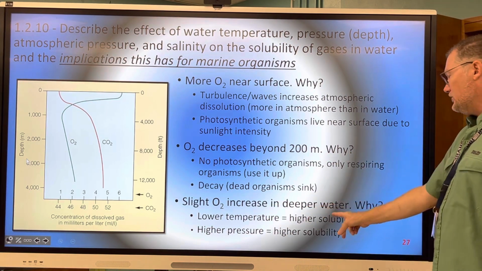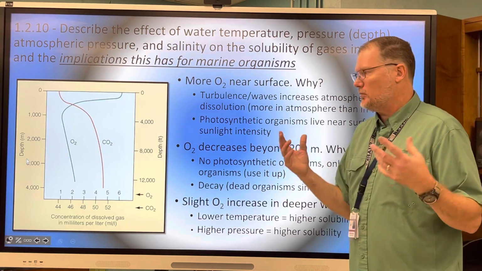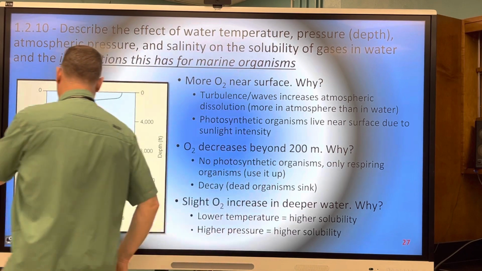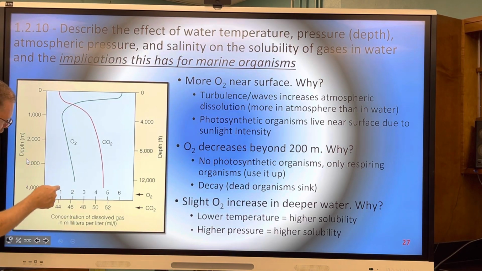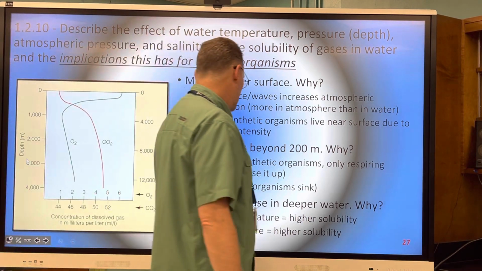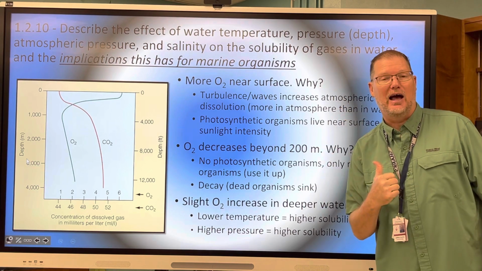And then this is important. This may be a question on a paper. All of this is going to be questions on something. But you see that there's a slight increase. From here to here, it's like 1, right? But then from here to here, it's like 2 milliliters per liter, okay? Why is there a slight increase there? Lower temperatures mean higher solubility from that previous slide.